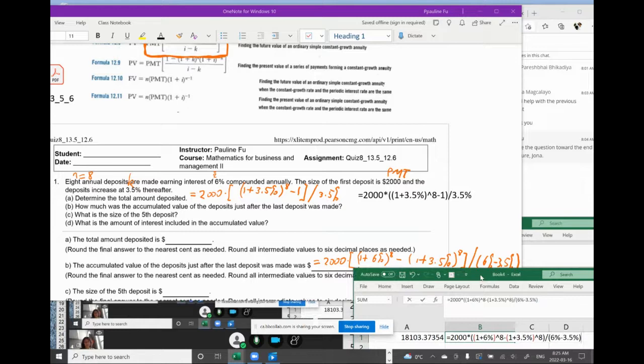So I pause for a moment to see you typing the number in Excel. Press enter. So the answer is $22,163.12.